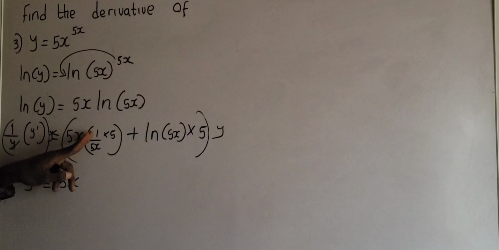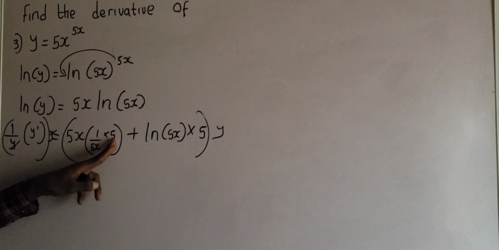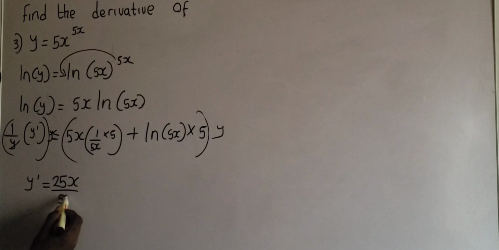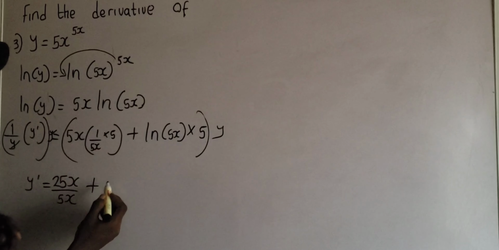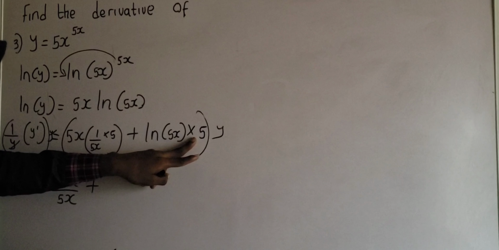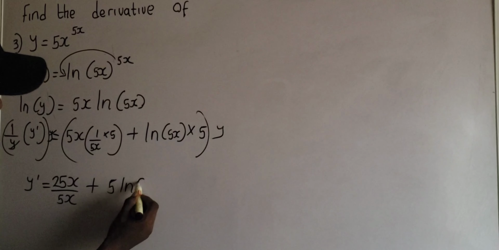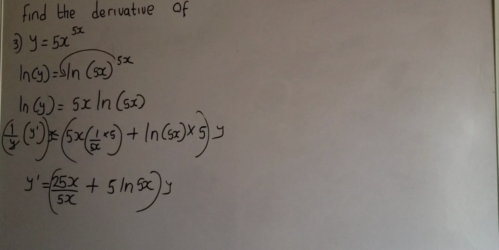5x multiplied by 1 over 5x, that is 1. 5x multiplied by 5, that is 25x. So I'm going to have 25x all over 5x plus 5 multiplied by ln 5x, so 5 ln 5x. I'm multiplying both sides by y.